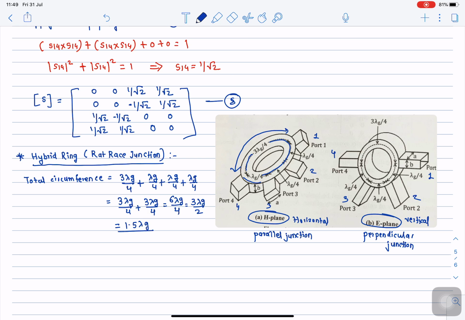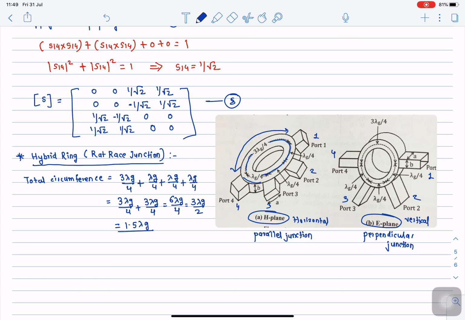Here I will denote it like this. Let us say this is the hybrid ring structure, right? And this is port 1, port 2, port 3 and port 4. I am just denoting them for simplicity. So when port 1 is matched to the junction, then the adjacent ports are said to be automatically match terminated.